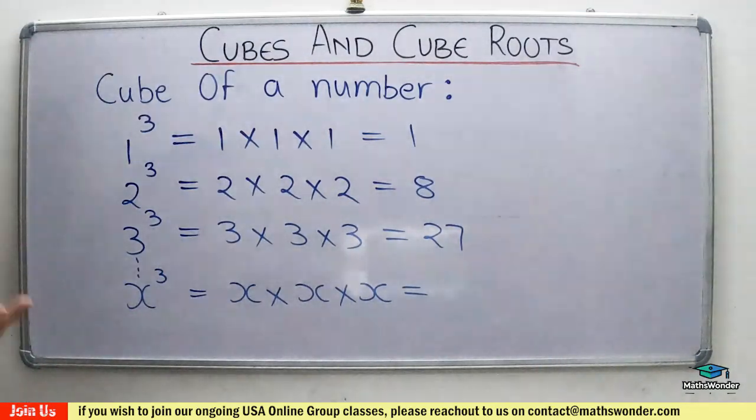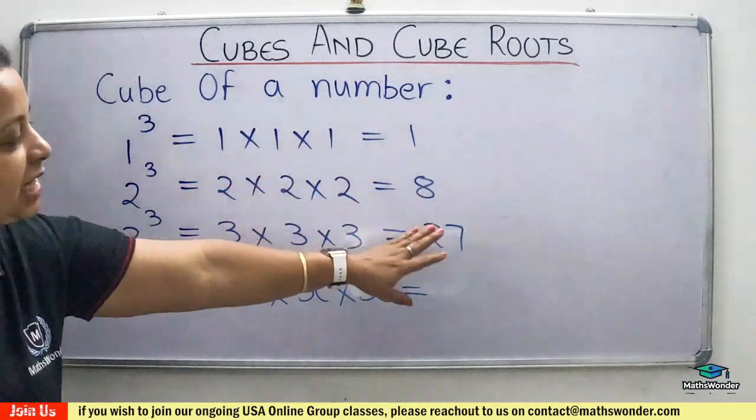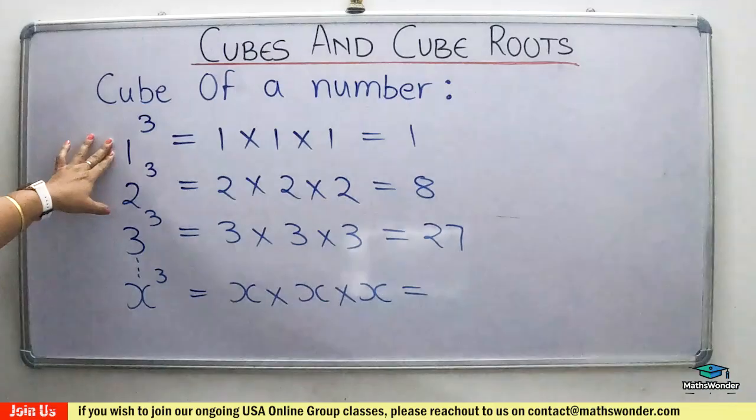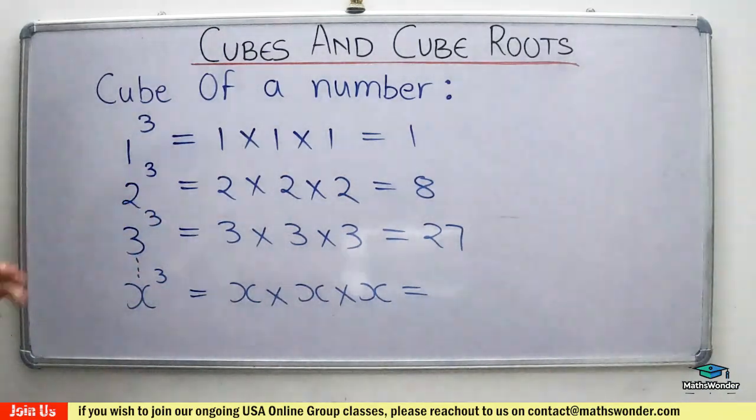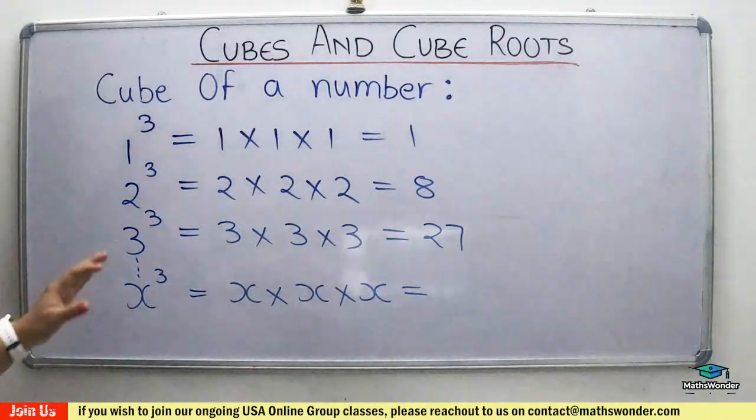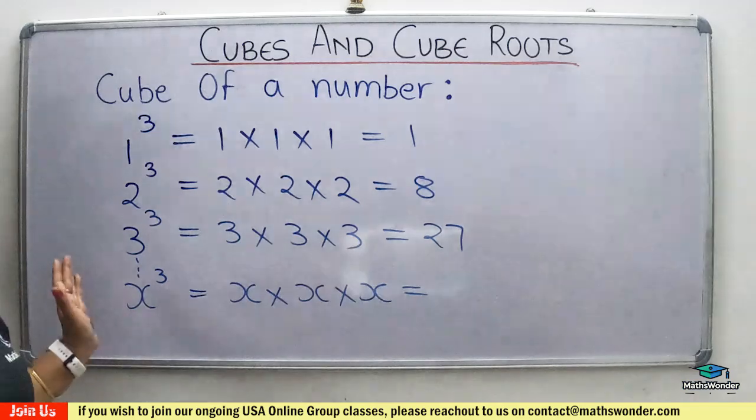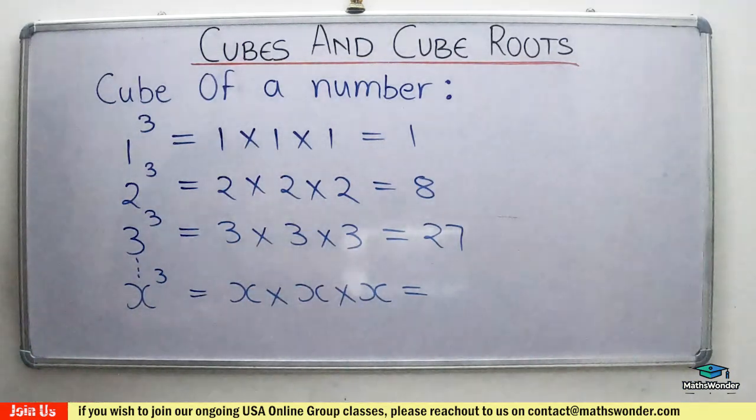So this process will go on. 8 and 27 are the cubes of 2 and 3 respectively, right? Such numbers are called perfect cubes, when they can be expressed as a product of 3 equal numbers.